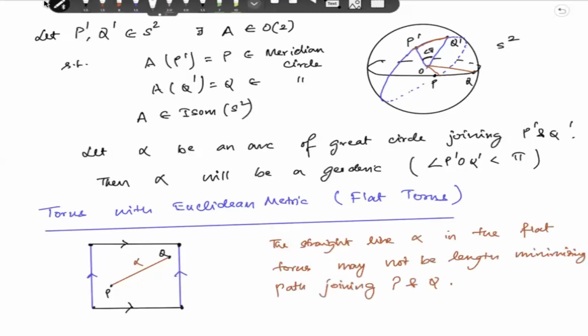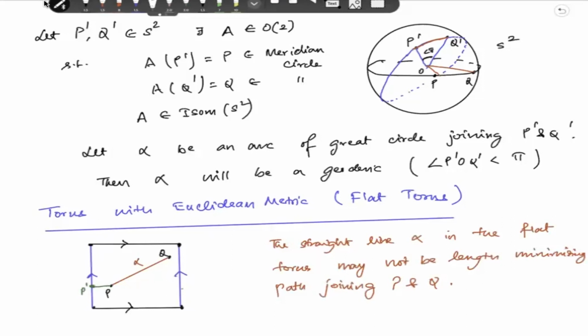I can get hold of another path joining P and Q in this way. Let us take this horizontal line segment, this green one. This green horizontal line segment will hit the left edge; call it P prime.